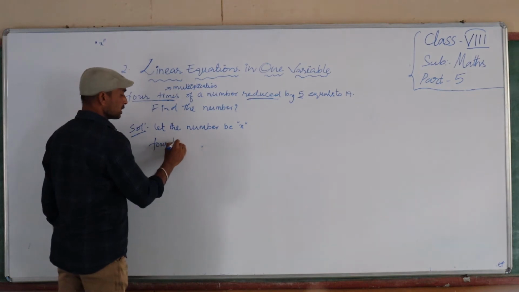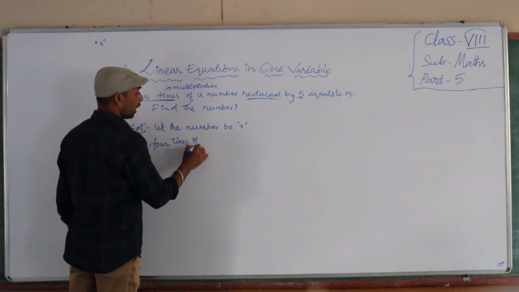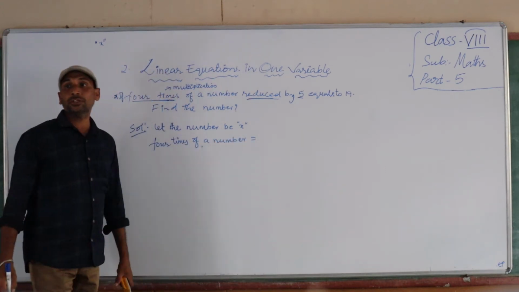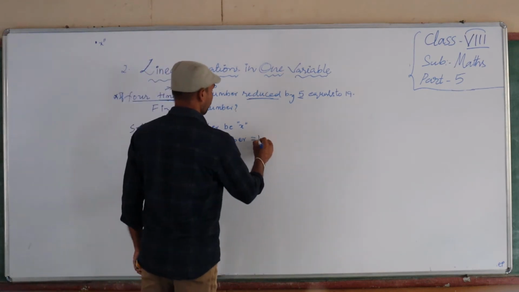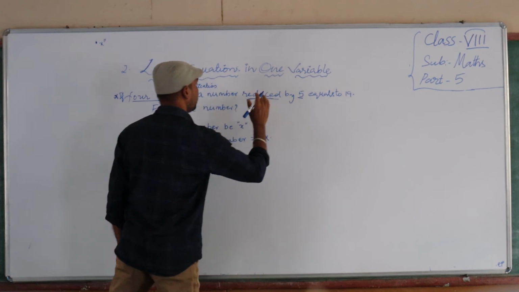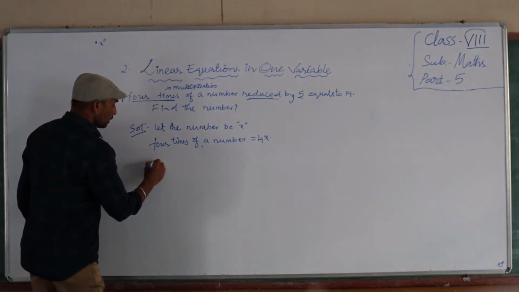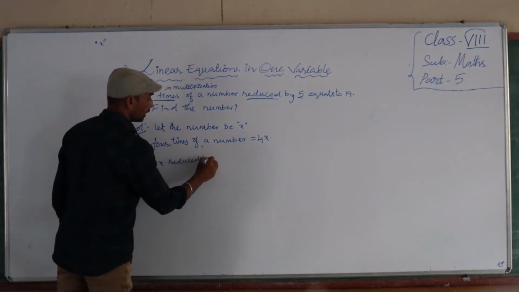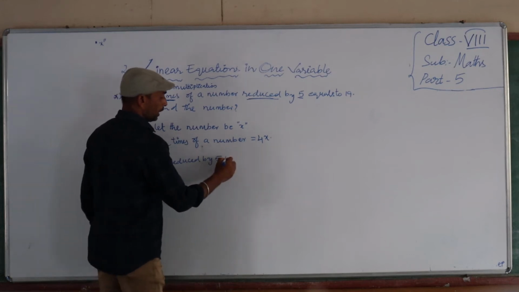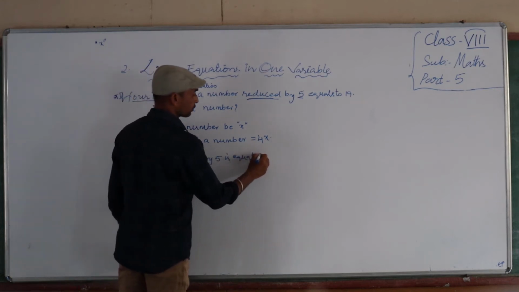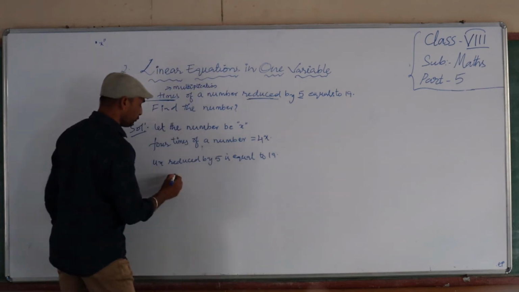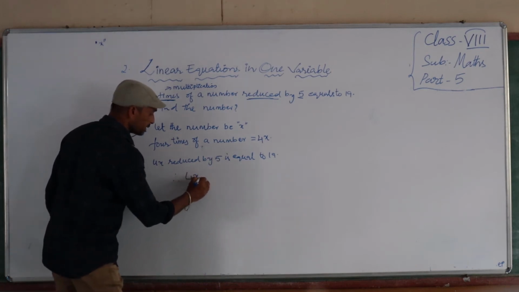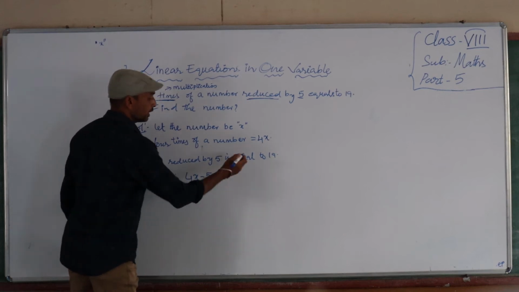Then 4 times of a number, so we multiply with 4: 4 into x, 4x. Then the last condition is 4x reduced by 5 is equal to 19. So from the 4x we have to subtract 5. So 4x minus 5, which gives 19.